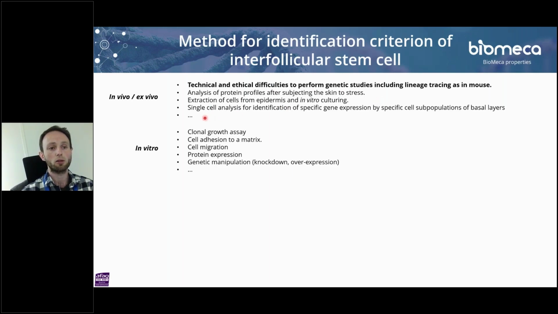And a more trending approach is the analysis at the single cell level for the identification of specific gene expression or protein expression by specific cell subpopulations of basal layers.